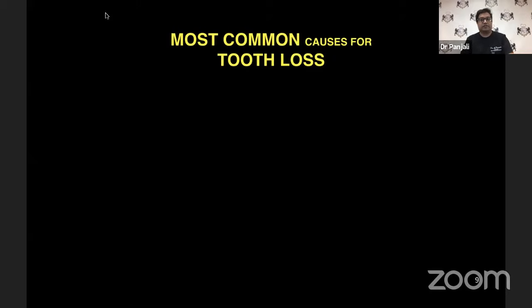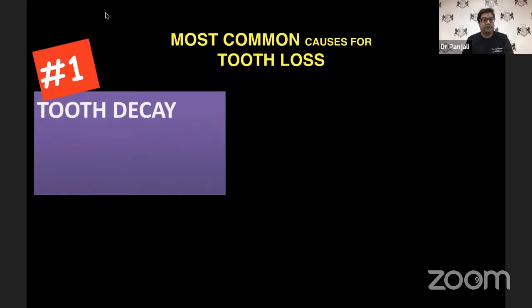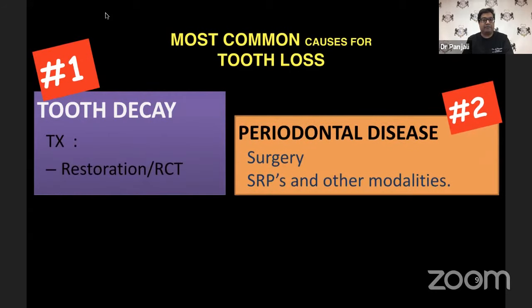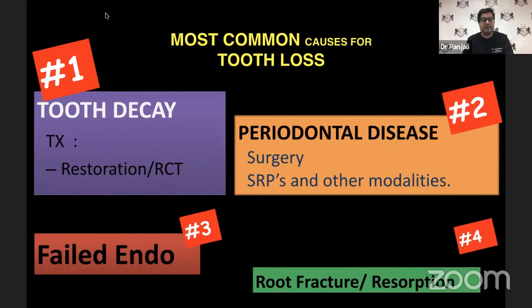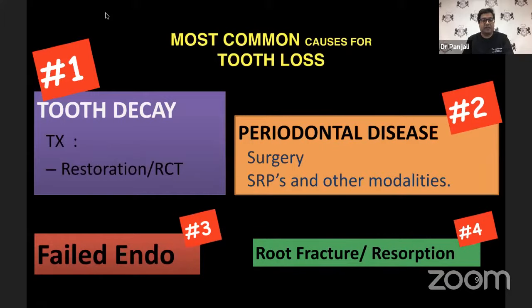Most common causes of tooth loss are tooth decay, periodontal disease, failed endo, and root fracture. Once the tooth has been lost, we have to plan to replace that tooth with something, and an implant is one of the options.